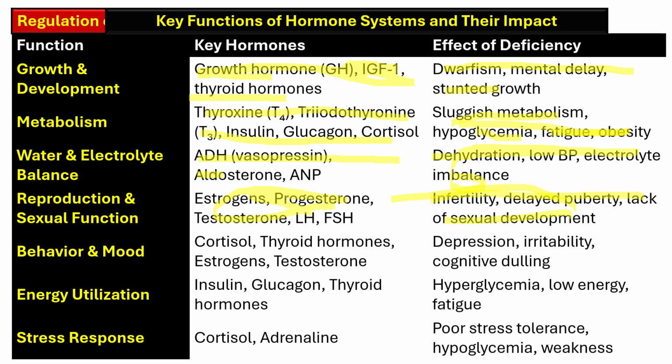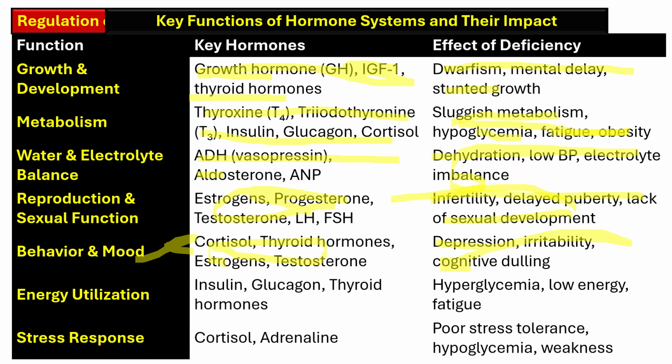Cortisol, thyroid hormone, estrogen, and testosterone are also responsible for mood and behavior, and their disruption will result in depression, irritability, and cognitive dulling.